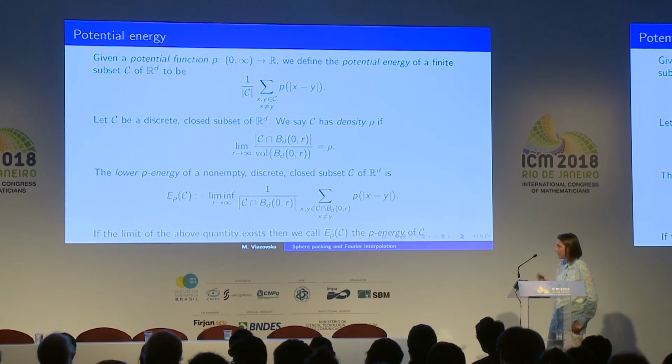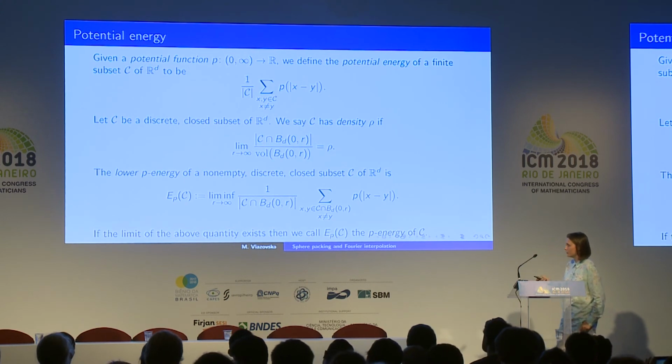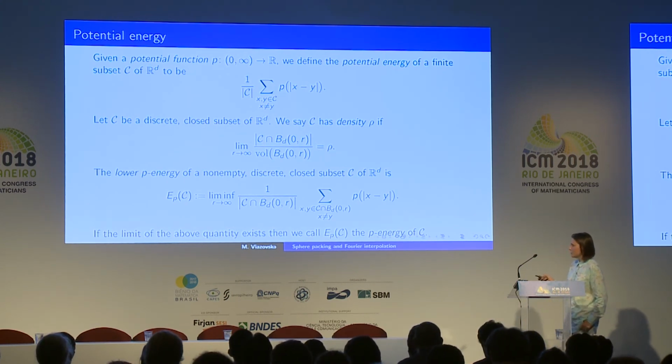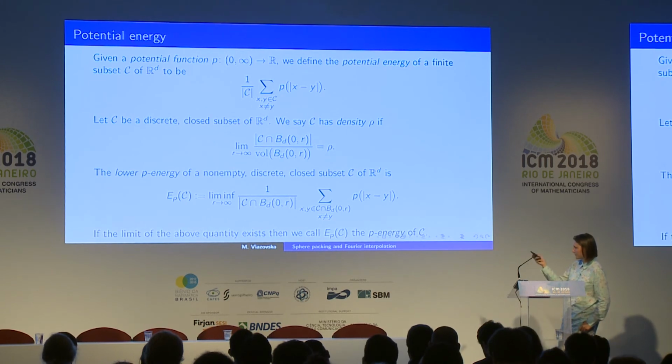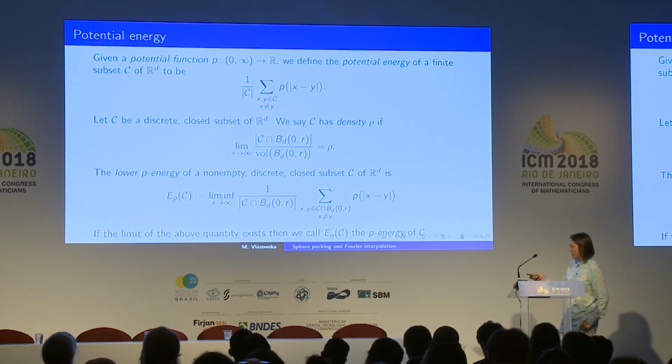And so now for such a nice set which has some density, we can compute its P energy in the following way. In this case, instead of limit supremum, we take a limit infimum of the following sum. And if this limit exists, then we say that our configuration has a P energy, and it's equal to this number.